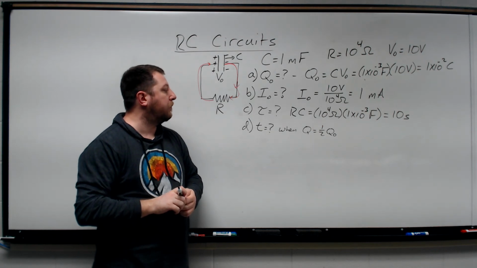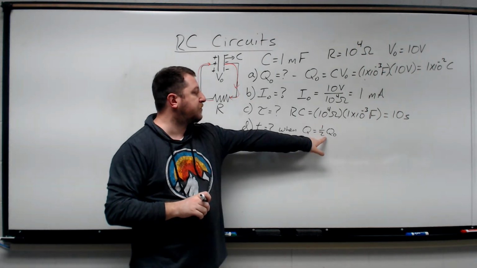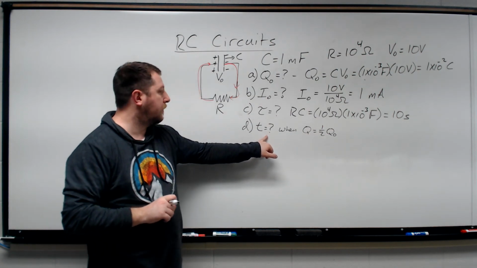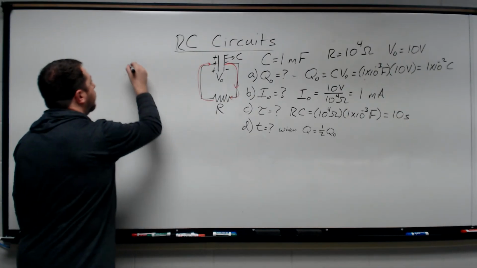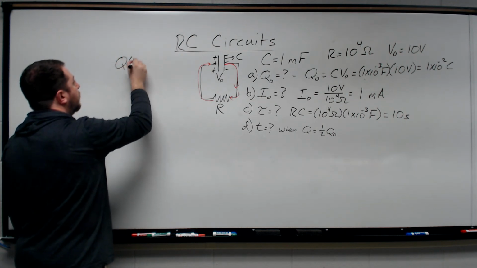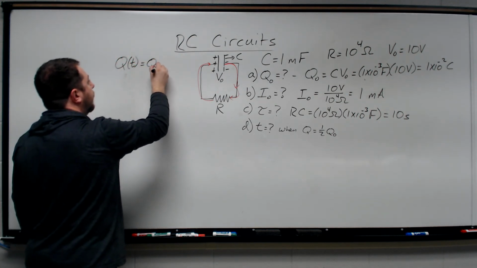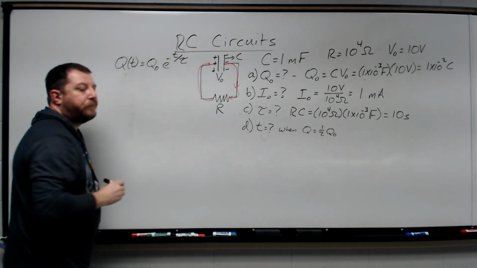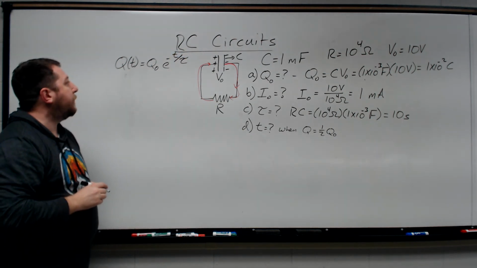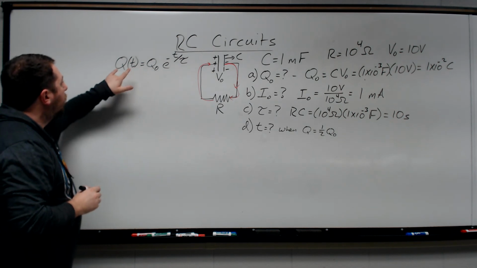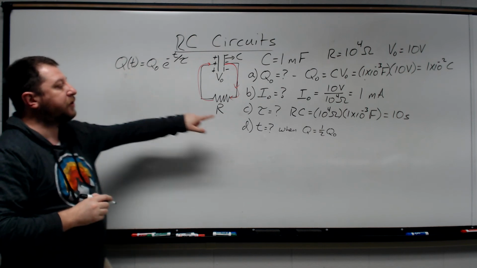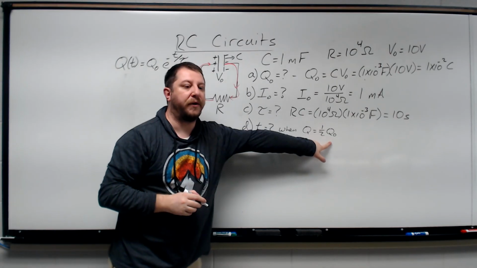When Q has dropped by a half, at what time does that occur? Okay, so remember, since Q is a function of time, we write it like this. Okay, and so what I'm asking is, at what time is this side of my equation equal to 1/2 its initial value?